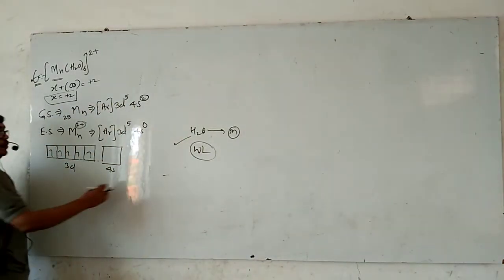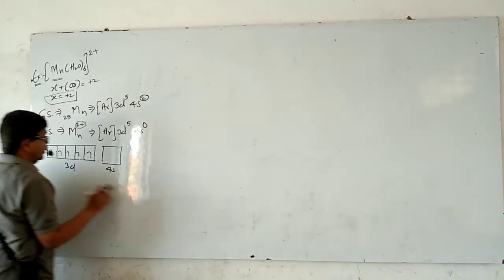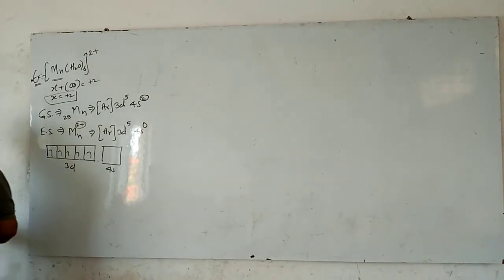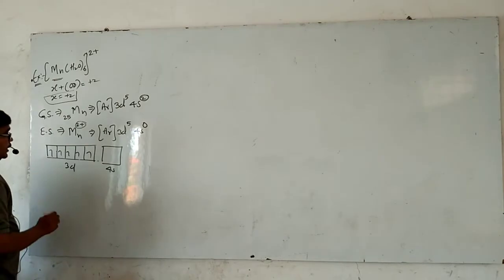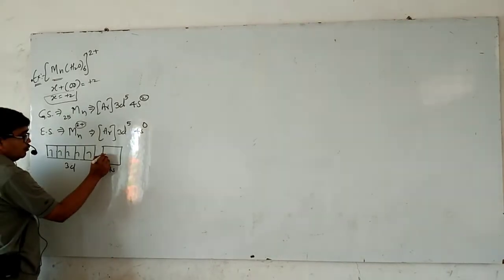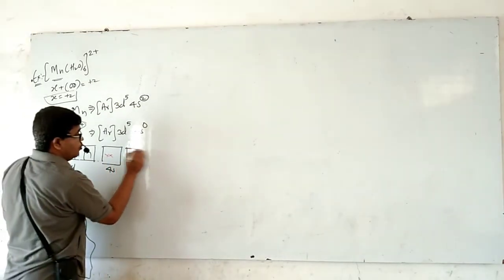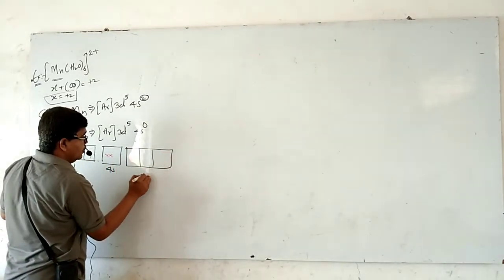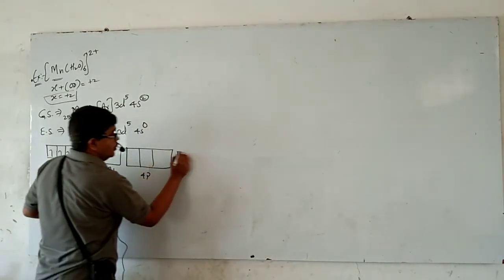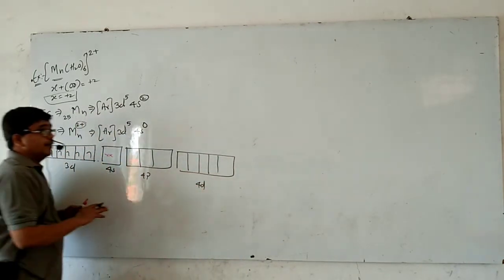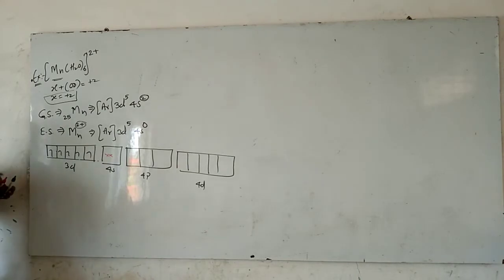Now in the presence of a weak ligand, electrons cannot pair up. So the electrons of the ligand will be filled from 4s onwards. After 4s, there will be 4p, and next to 4p, there will be 4d.